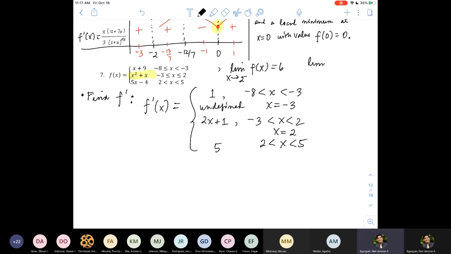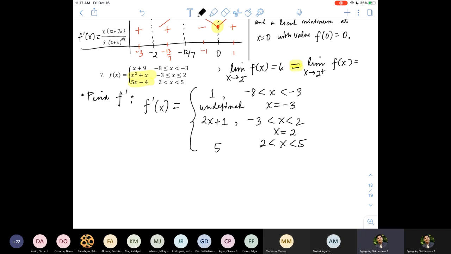And then the limit of f of x as x approaches 2 from the right will depend on the third function. That will be 2 times 5 minus 4, that's also 6.